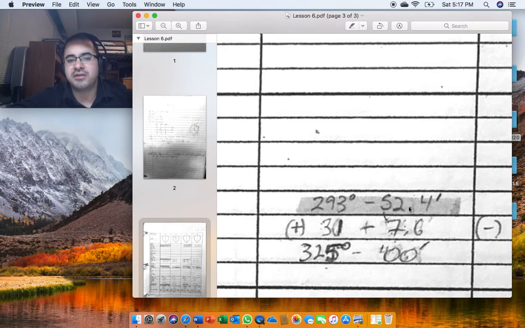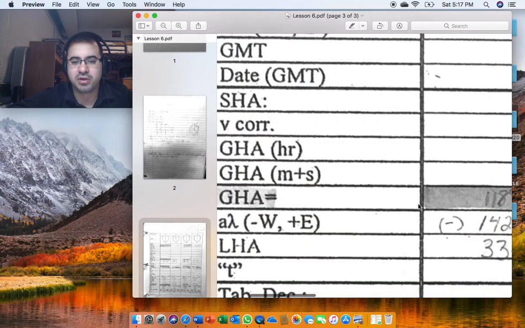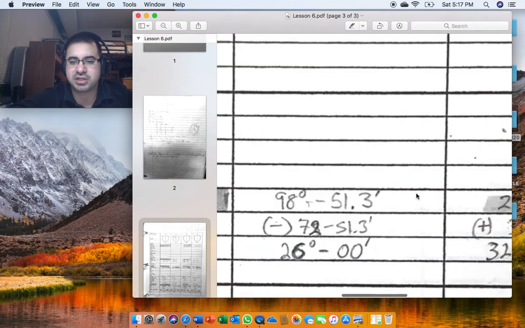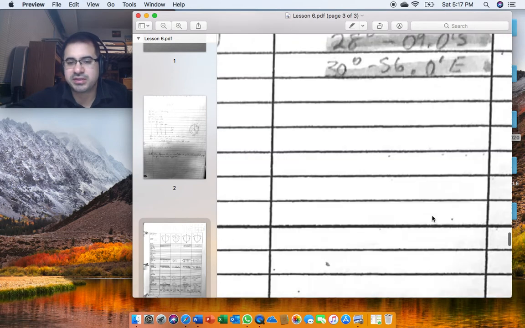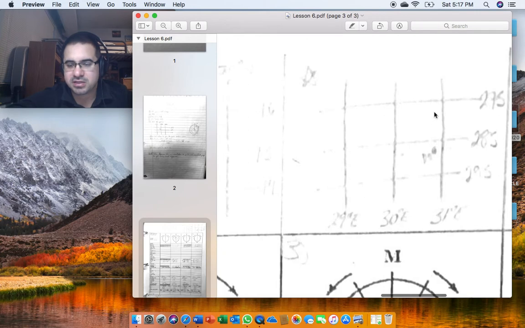So we had 52.4. We have to get the difference. The rule is right here. East is an addition. So the difference is the 7.6 becomes 0, 0. We have 1 on the side. Keep that in the back of your head. So 7.6. What do you think?